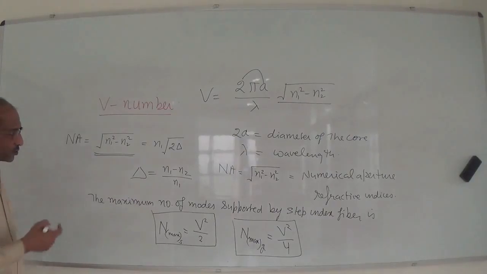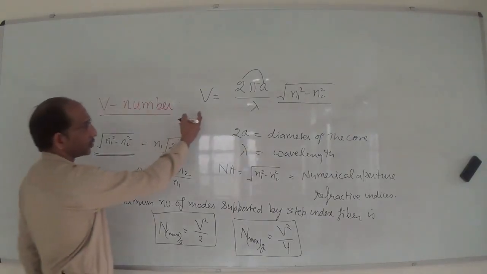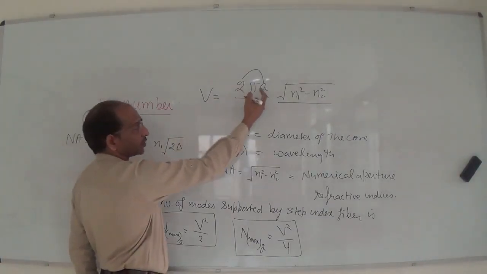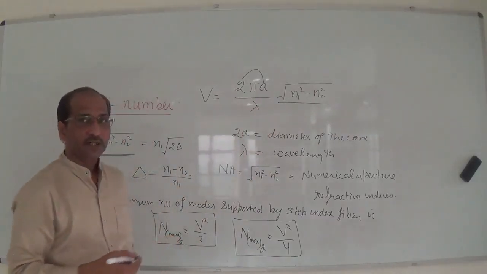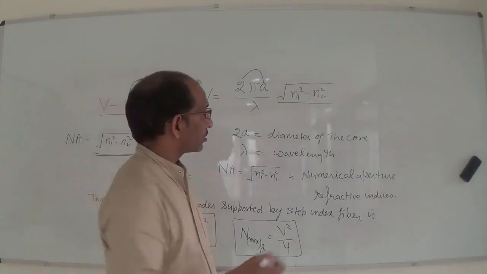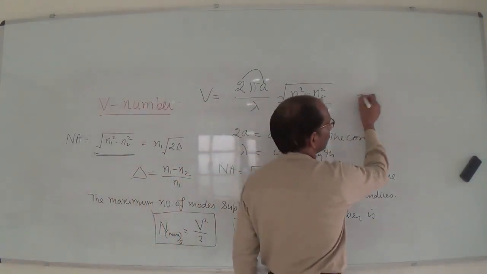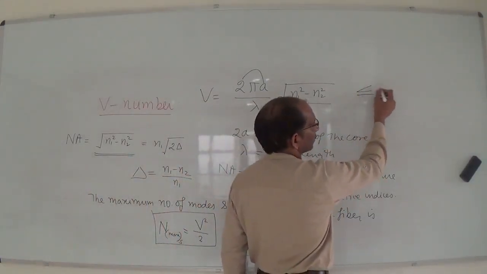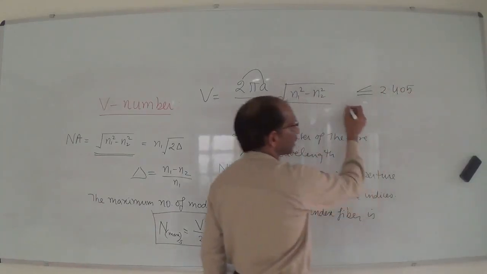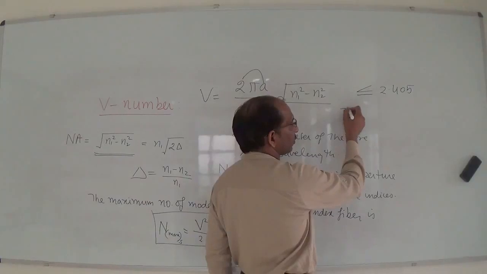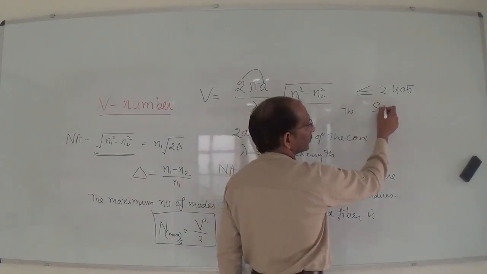So if this V number, which includes the diameter of the core, wavelength and the information of refractive indices, is equal to or less than 2.405, then we say there is only a single mode.